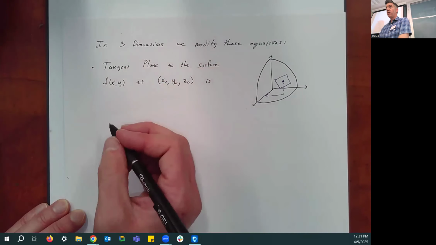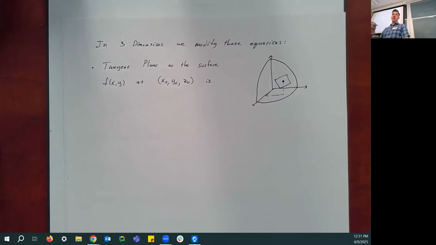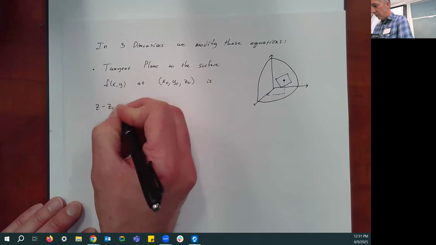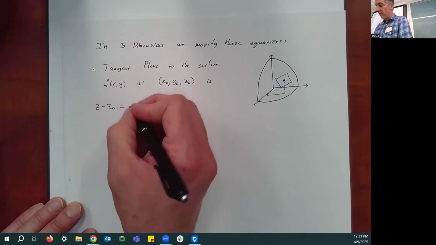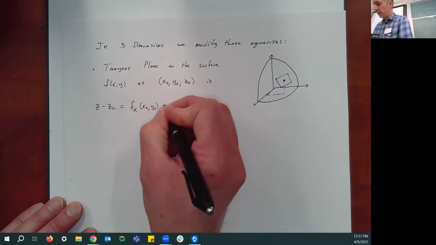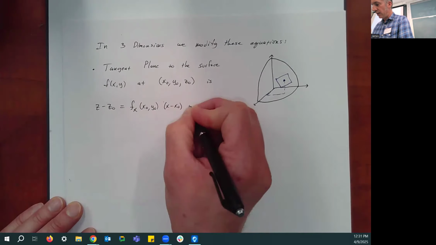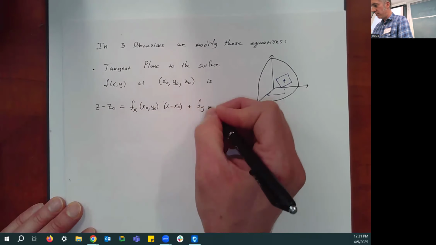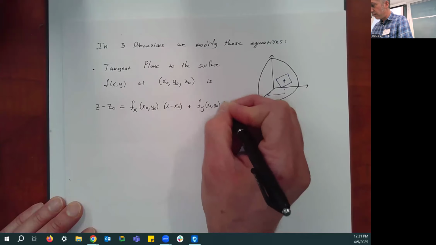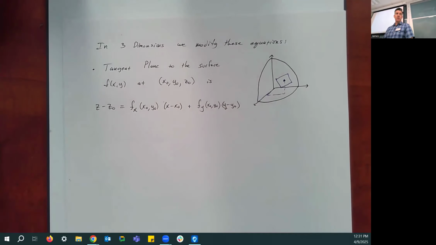Just like before, instead of y minus y naught equal to the slope times x minus x naught, it's going to be z minus z naught equal to the slope in the x direction times x minus x naught plus the slope in the y direction times y minus y naught. So really, almost the same equation that we just looked at. I'm just adding on another piece.